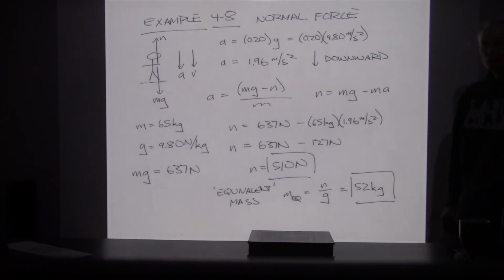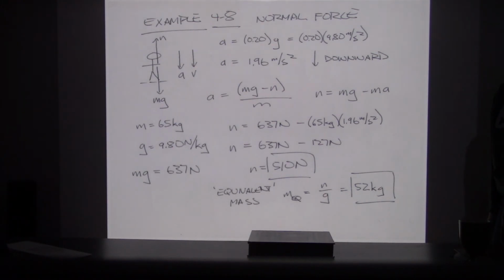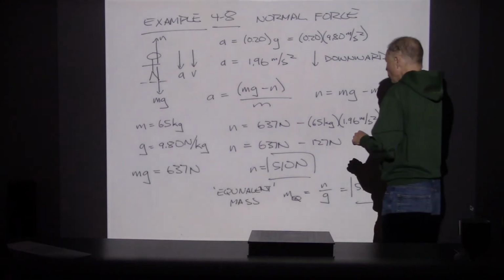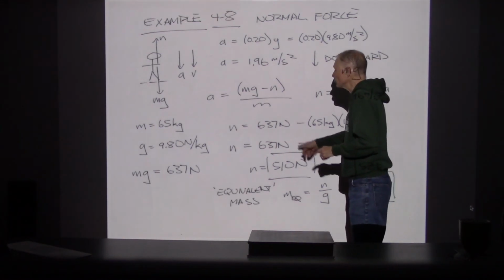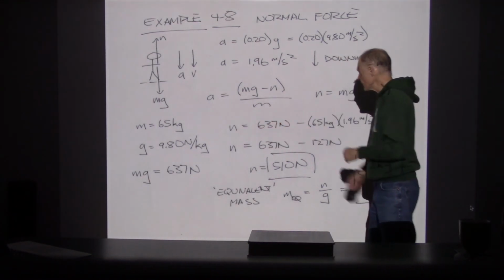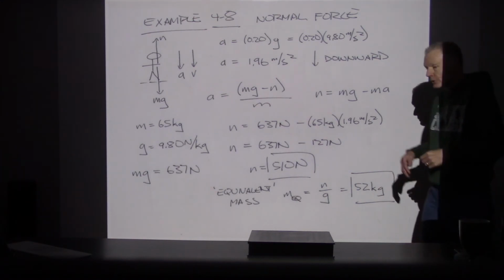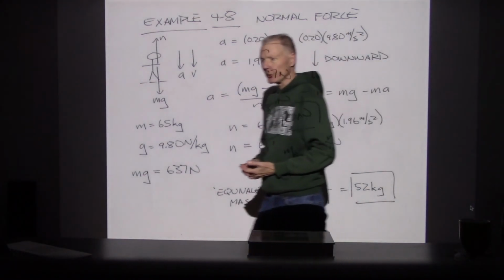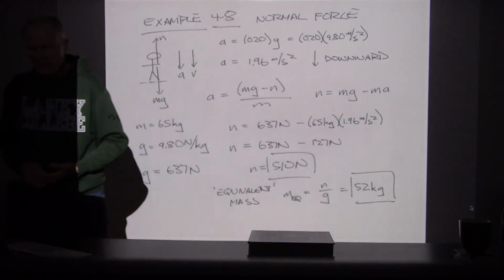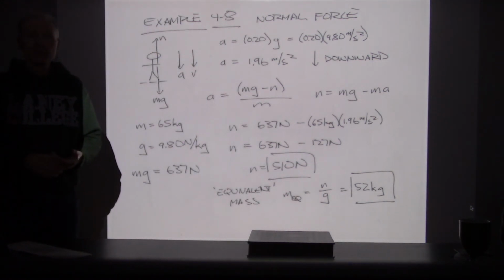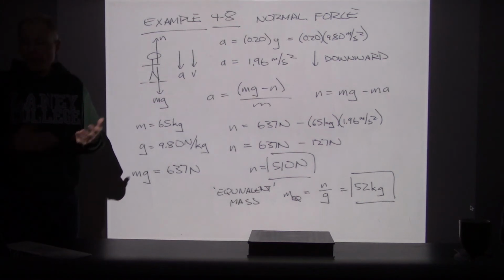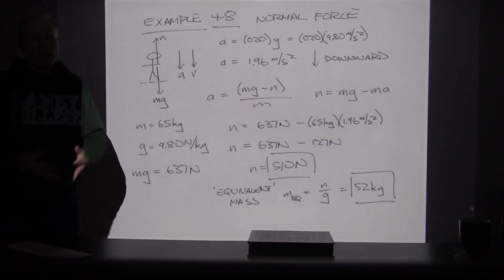Now that's a motion effect. It's because there's an acceleration taking place. The normal force is not equal to mg. The normal force is not 637 because the acceleration is taking place. The person feels a little lighter. They feel like they have 52 kilograms of gravitational force acting on them, or that's what the scale would read.